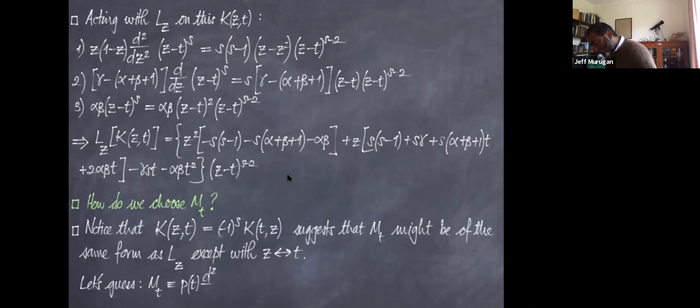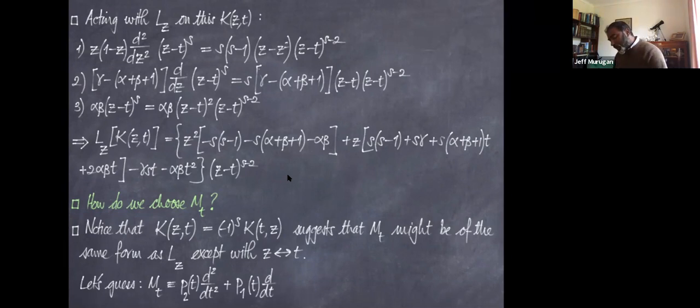d2 by dt squared plus, in fact, I'm going to need two of these guys. So let's call it p2 of t, the two corresponding to the second order derivative, plus p1 of t d by dt.